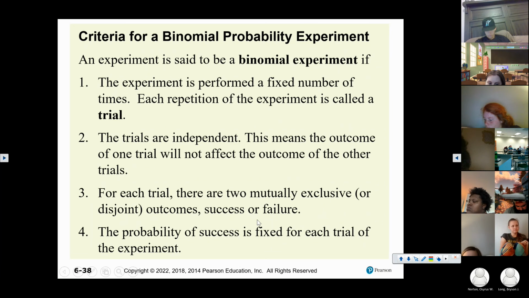For each trial, there are two outcomes. With a coin, it's heads or what? Tails. With a birth, it's male or female. The probability of success is fixed for each trial of the experiment.